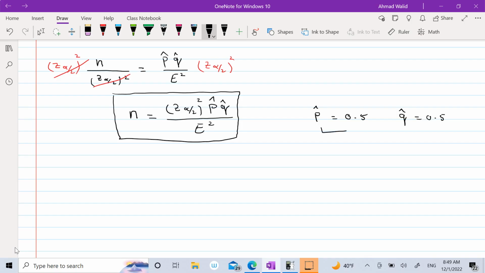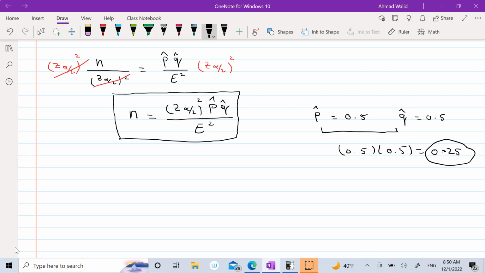If I multiply these two, it gives me 0.5 times 0.5, which is 0.25, correct?